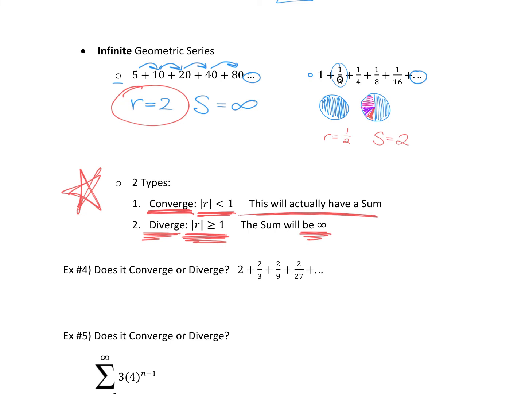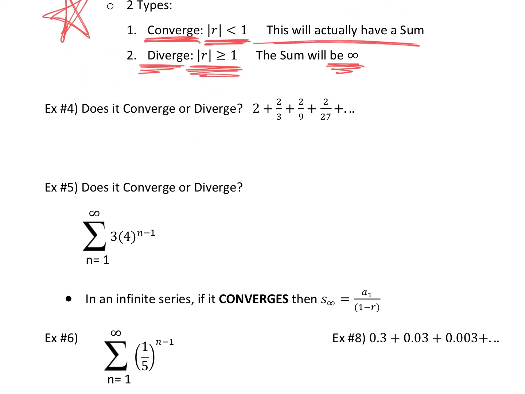Okay. So really when they ask you, does it converge or diverge, what's the only thing you have to look at in the problem? Your R, right? R will tell you whether it converges or diverges. So take a look at this. Does it converge or diverge? To get from 2 to 2/3 and 2/3 to 2/9 and 2/9 to 2/27, what are you multiplying by? 1/3, right?